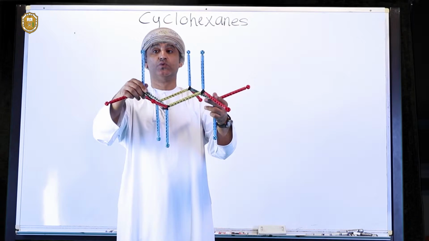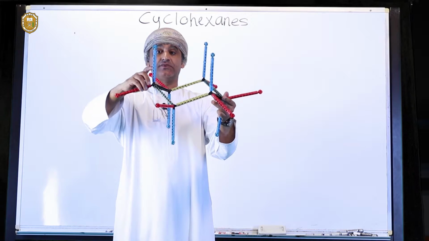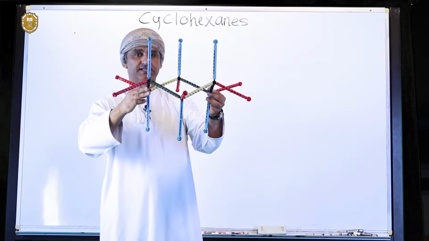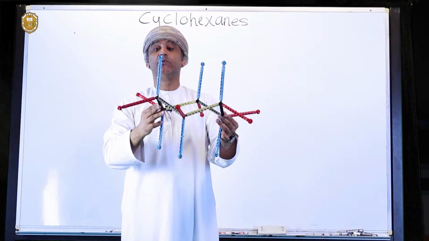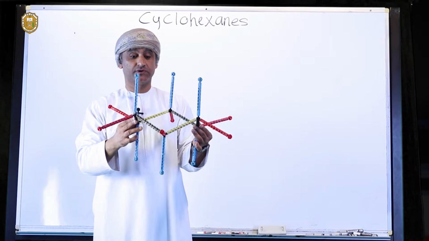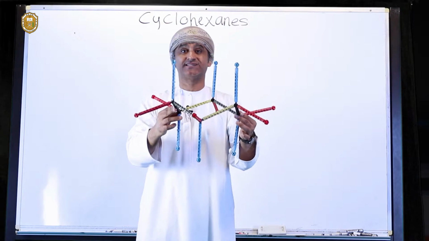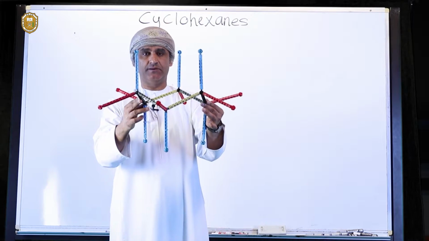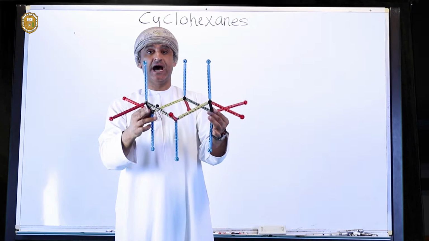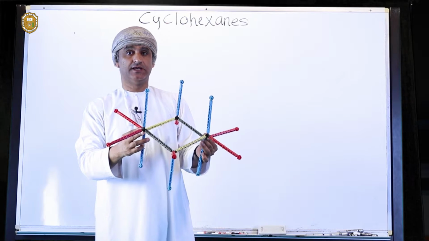The ones in blue are axial bonds. There are 3 of them axially up, 3 of them axially down. The ones in red are equatorial bonds. If you count them, there are 6 axial bonds, 3 up and 3 down, and there are 6 carbon-hydrogen equatorial bonds.